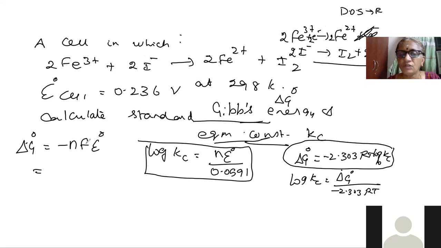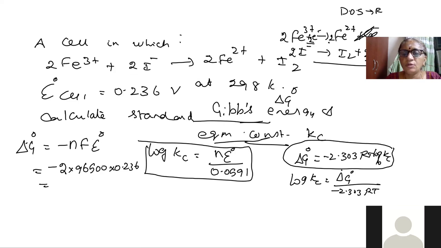So what will you write for n here? 2 electrons. 2 is a common number for both anode and cathode, no? So minus 2 into 96,500, the Faraday value as it is, and E naught value 0.236. When you multiply these, you get del G naught. What is the del G naught value? Calculate and tell me. See, people don't seem to do anything.